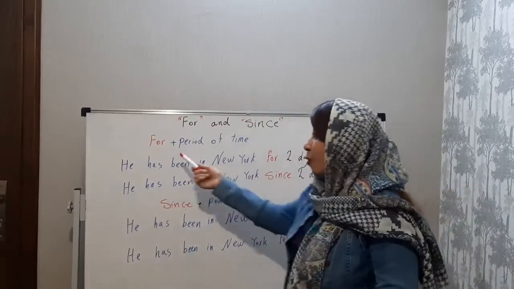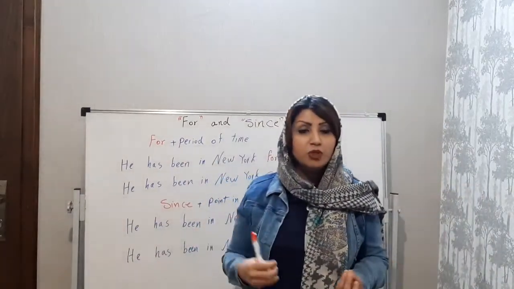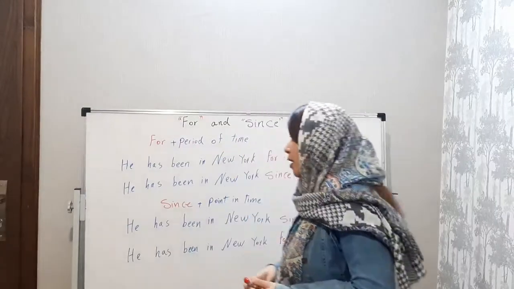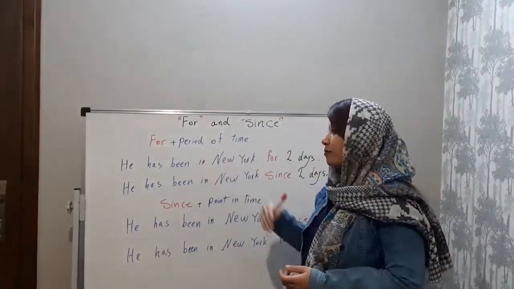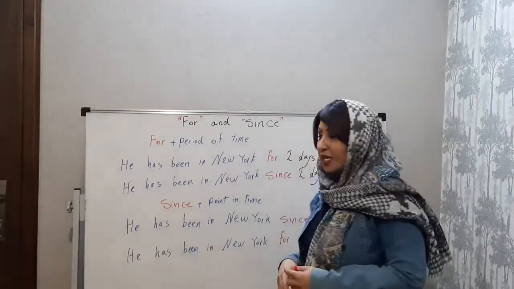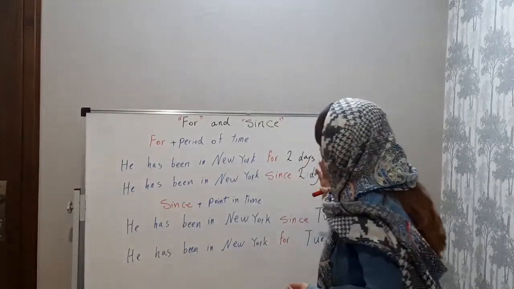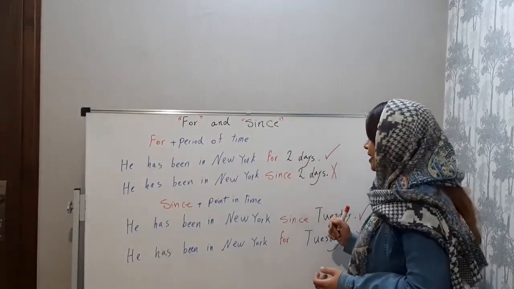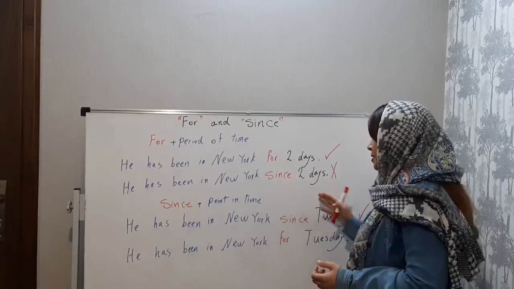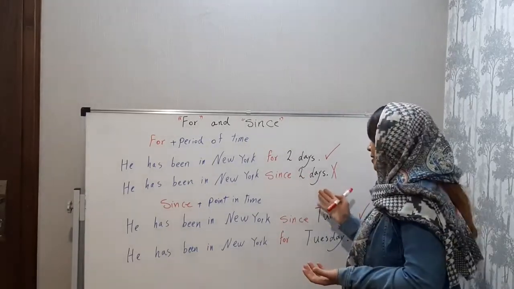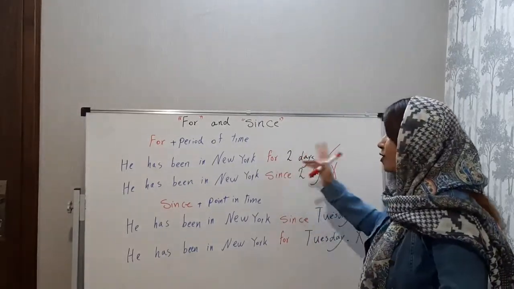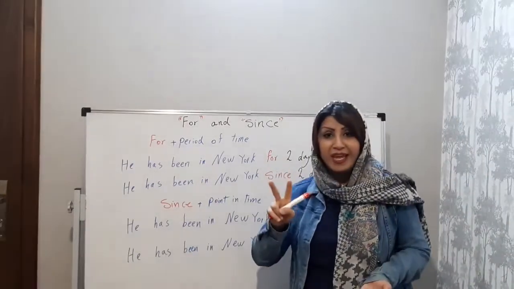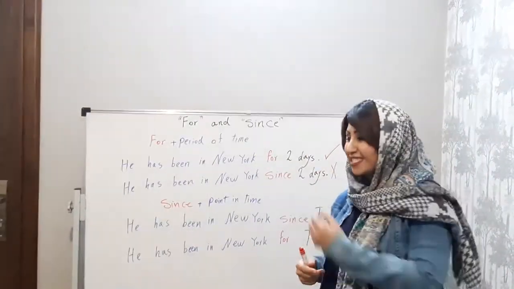You know that for and since, both of them can be used with the perfect tenses. And the mistake is here, since. We don't use 2 days with since. Say for 2 days, not since 2 days.